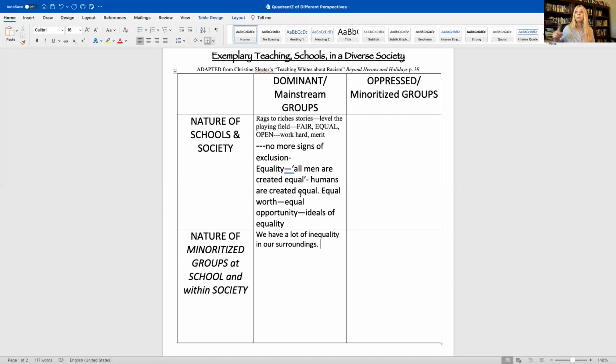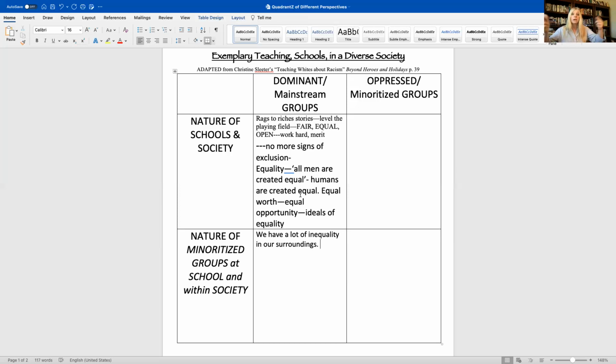How come your housing looks this way, and how come your healthcare, and who pays the highest prices for the consequences of the pandemic? That was definitely disproportionately carried by people in society, right? So we have a lot of inequality in our lived experience around us.